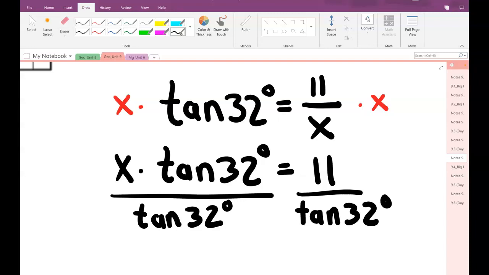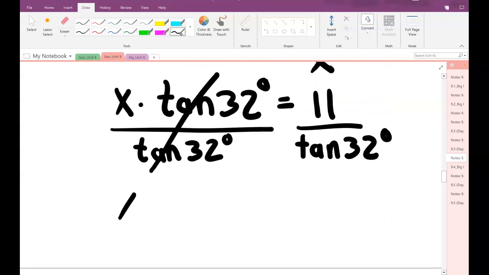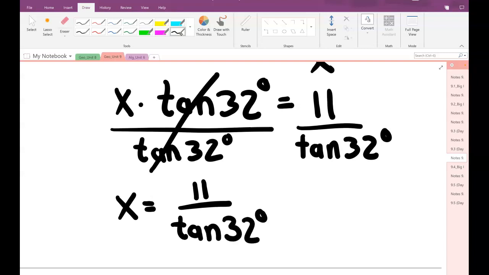Why I'm not putting this, like I could get a number and substitute it in, but I'm trying to make my answer as accurate as possible, so I'm keeping this in here. So then we do that. These simplify to 1. So we're just left with x on our left-hand side. We have 11 divided by the tangent of 32 degrees.